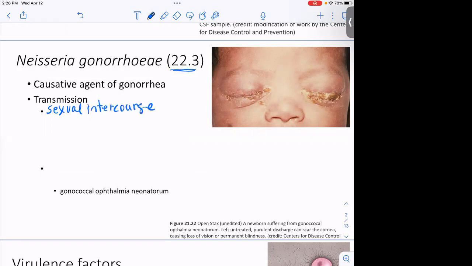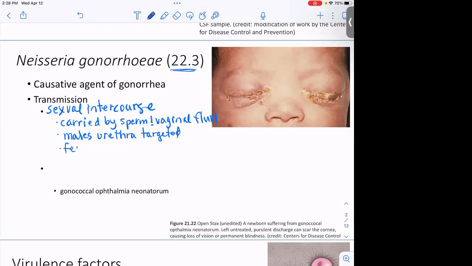Okay. So it's going to be carried by the sperm and vaginal fluid, and it's just going to target different cells based on anatomy. So for males, the urethra is targeted. And females, the cervix.